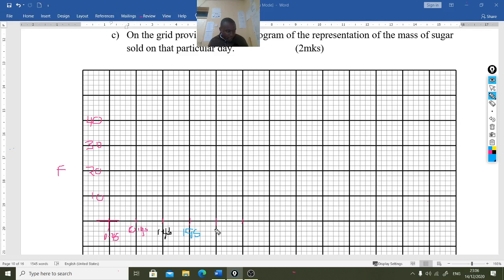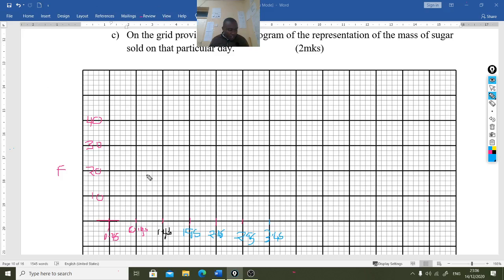The next is 2.45, because that difference is constant. Next is 2.95. Then next is 3.45, and that's the last one.